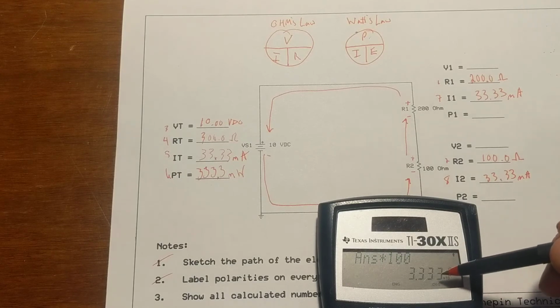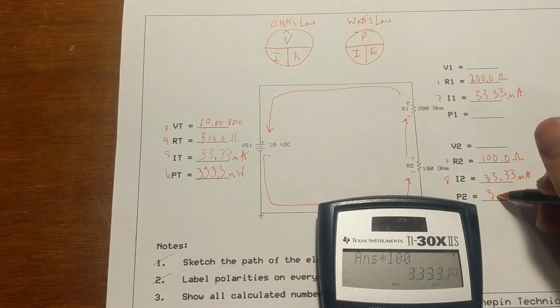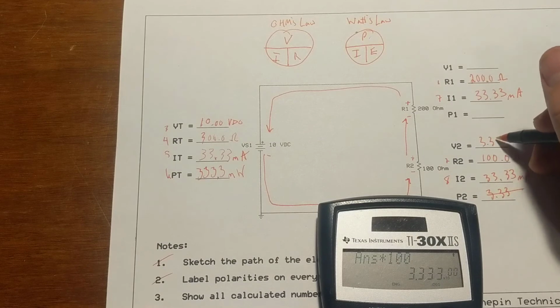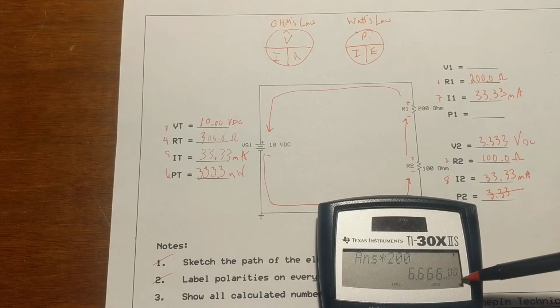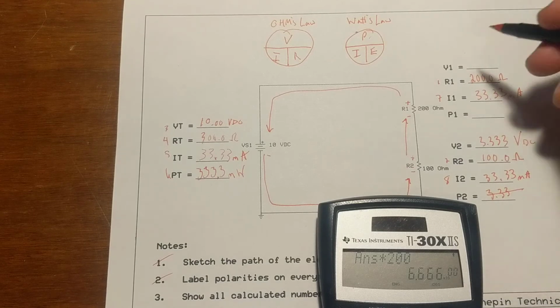That's 3.333 volts DC. Up above, if I do the same thing, 0.03333, hit the equal sign on my calculator, that gives me 33.33 milliamps times 200 ohms, gives me 6.666 volts.